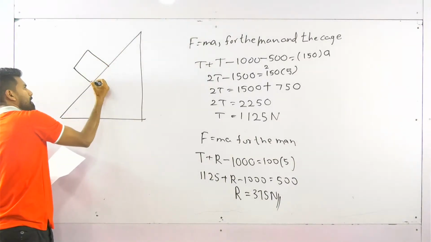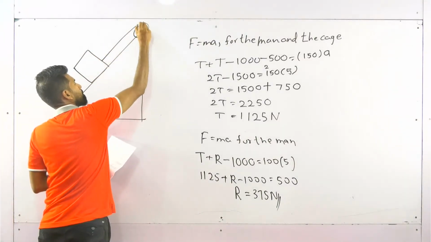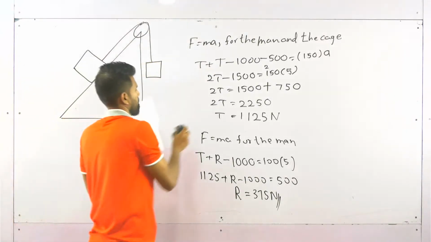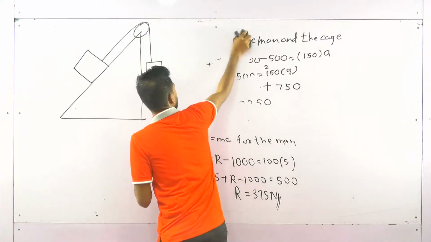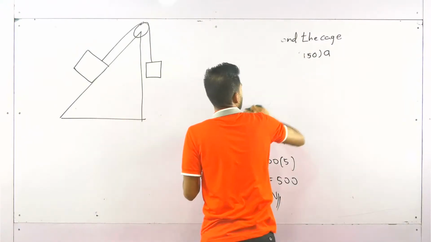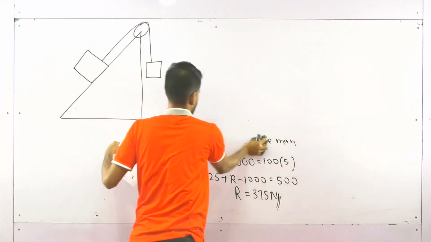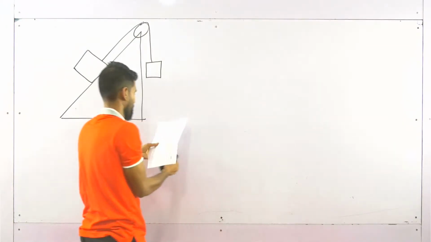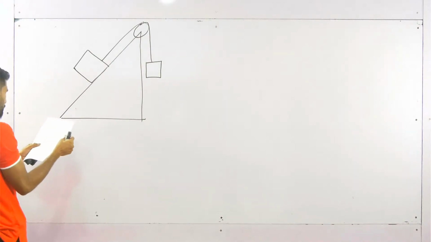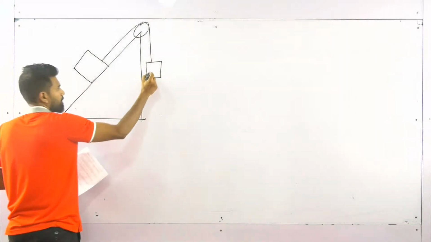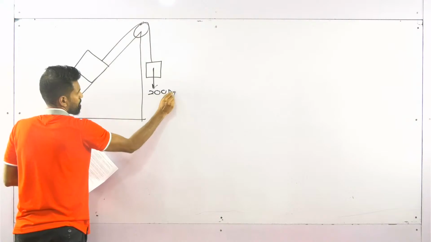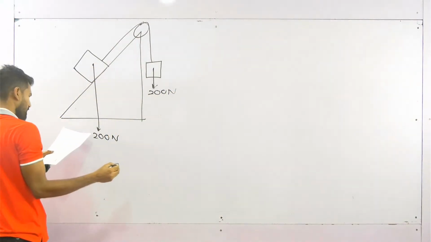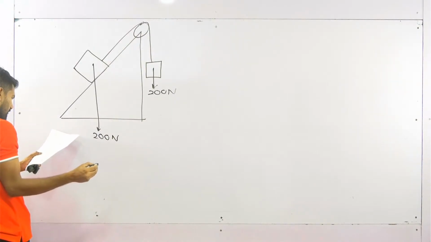There's a mass here, a string passes over a pulley, and there's another mass. Two blocks A and B, each of weight 200. Here the weight is 200, here the weight is 200. They are connected by a massless string passing over a smooth pulley at rest.